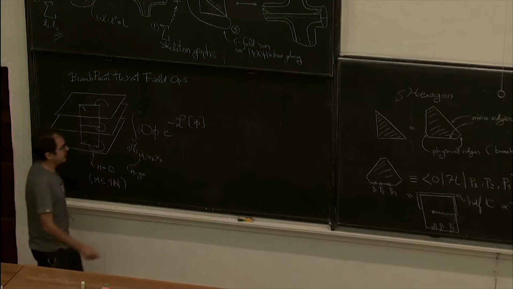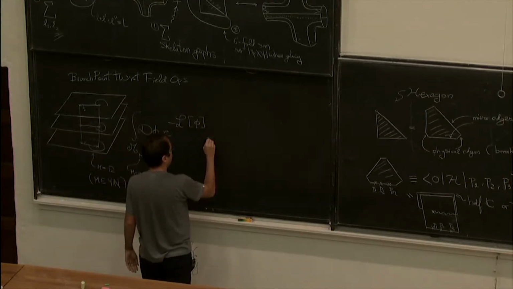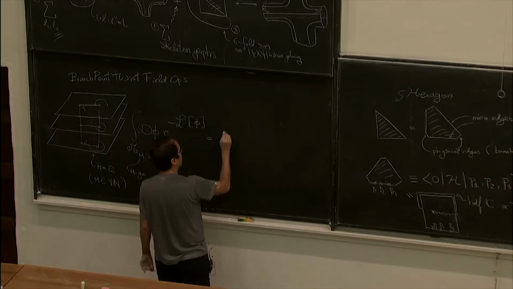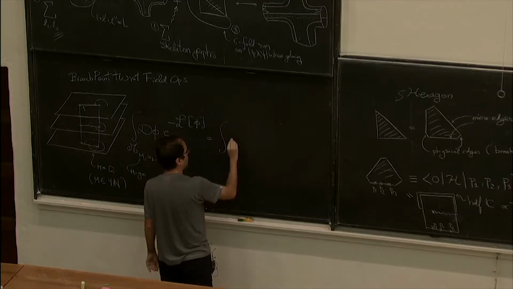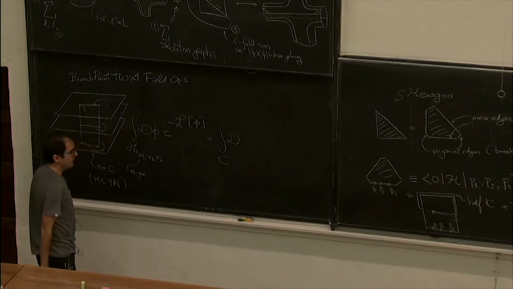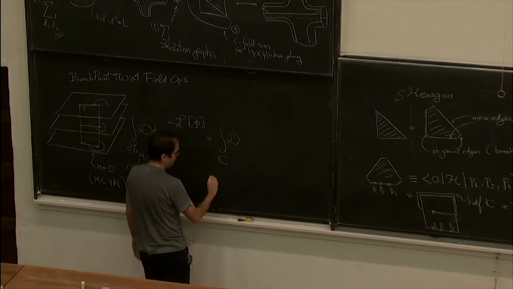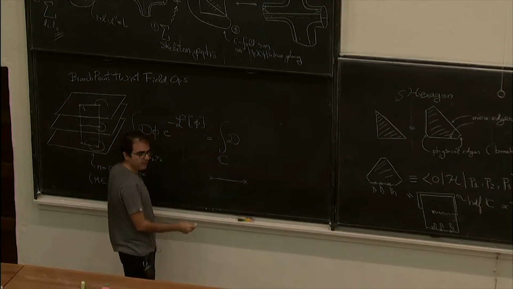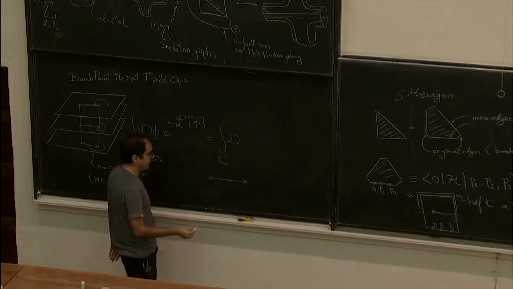Now you can think of this path integral as nothing but a path integral in the complex plane, but the price to pay is that I will introduce some operators, phi 1 and phi 2, that are defined by the following condition.